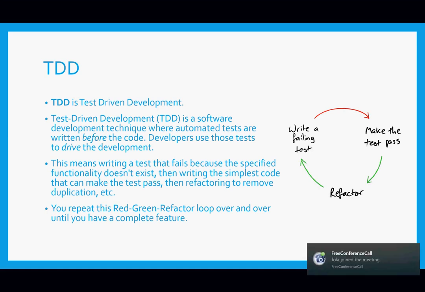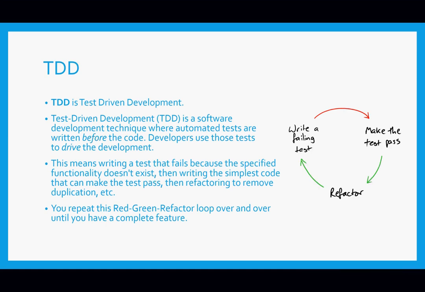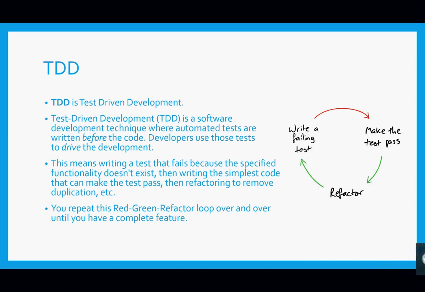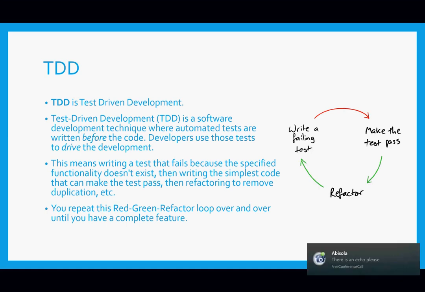Then you continue to refactor your code until your test passes. So that is TDD, test-driven development. The first thing you write is your test. And this is basically used by developers. But I would say in some instances, you see testers also using test-driven development.